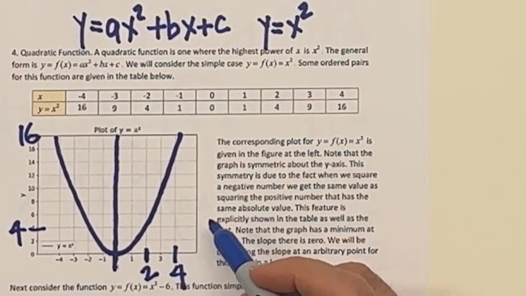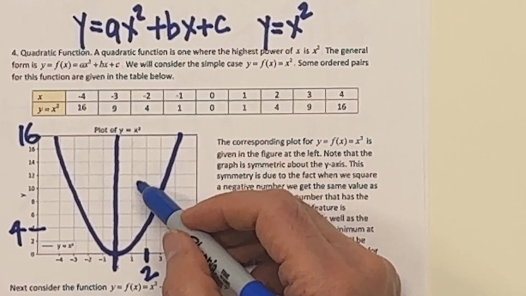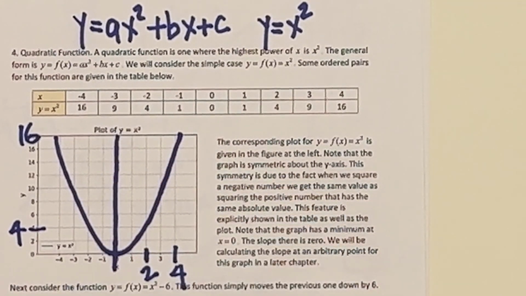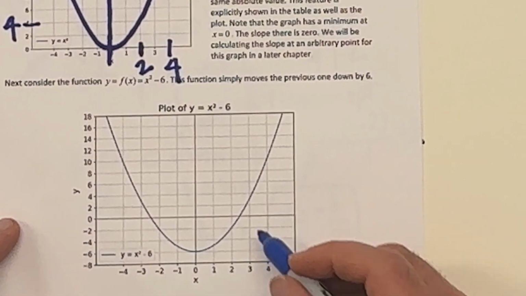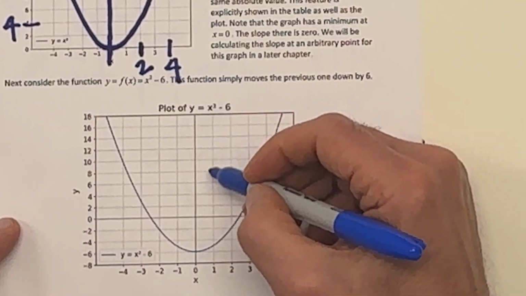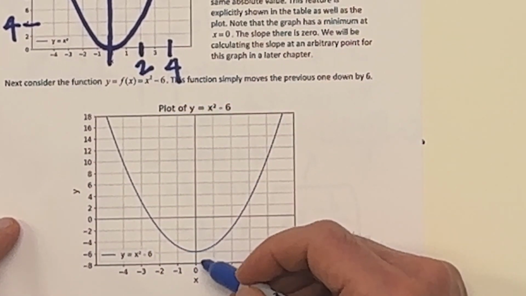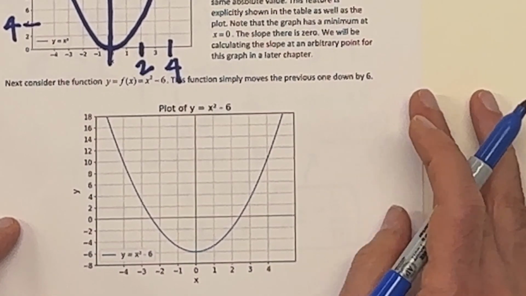And notice that if you subtract 6 from this, you basically lower everything. So that's what I did down here. I have x squared minus 6. So everything we had before gets lowered by 6 since you're subtracting 6. Isn't that nice? Very nice effect.